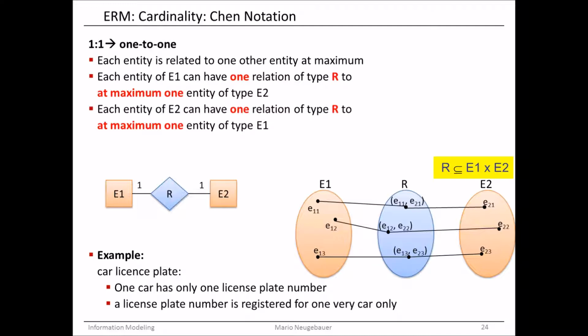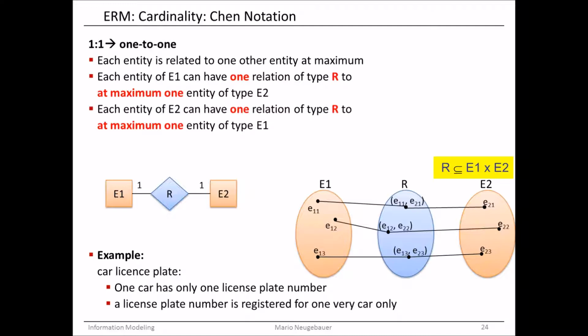In the other direction you read, well, just take one entity from the entity set E2 and you describe the relation, and the relation is allowed for at most one other entity from the entity set E1.